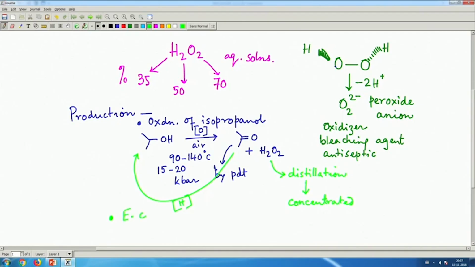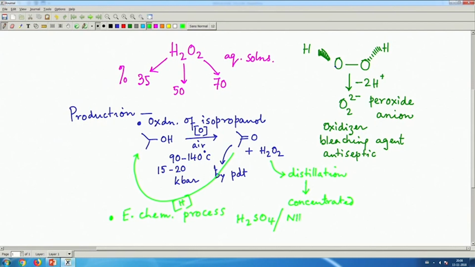So, EChem process, that EChem process or electrochemical process can be utilized for the oxidation of say simple H2SO4 or its corresponding ammonium salt.